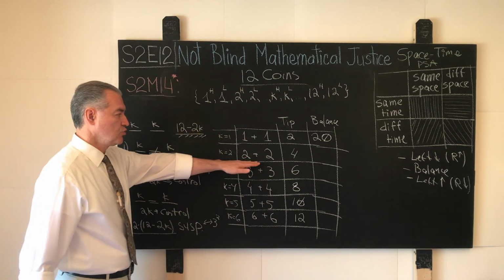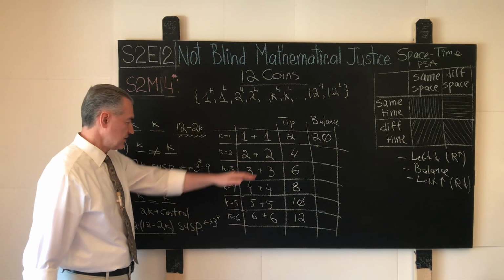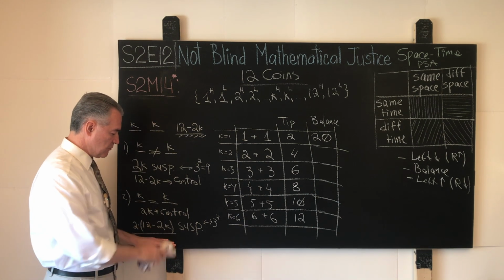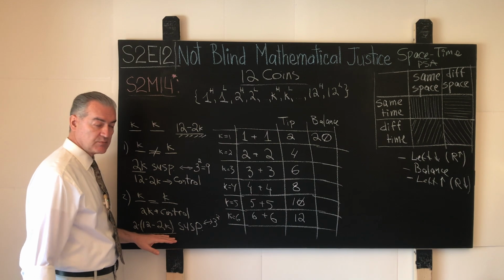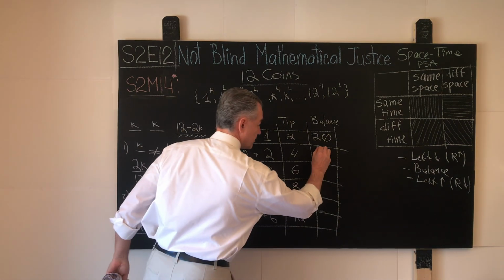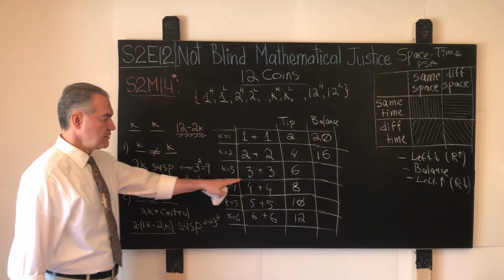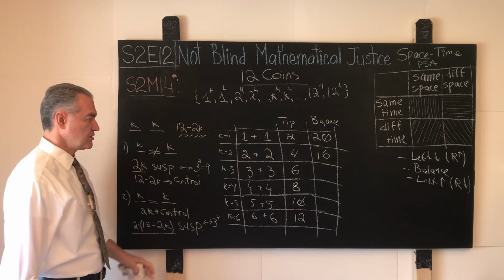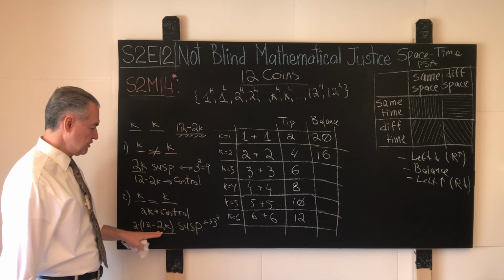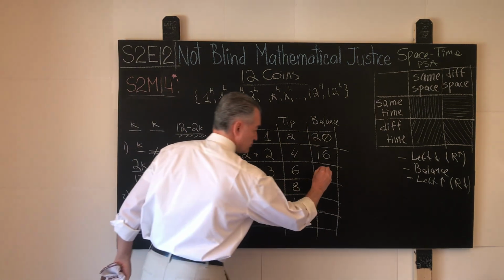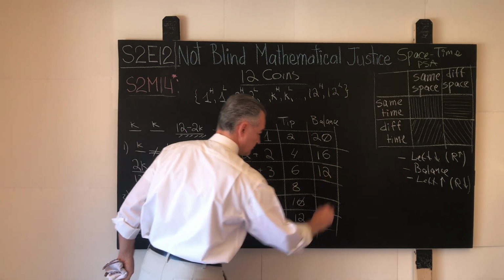In the 2 plus 2 partition case, how much information do we need to generate? 12 minus 4, 8. 8 times 2 is 16. We need to generate 16 units of information. In the 3 plus 3 partition case, when the pans balance, we need to generate what? 12 minus 6 is 6 times 2, 12. We need to generate 12 units of information.